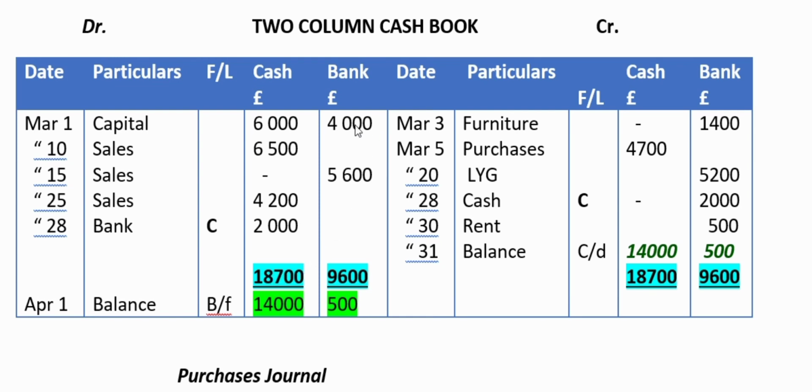Then we go to the bank: capital 4,000, and we have 5,600, giving us a total of 9,600. So what we do is that we also compare the totals with the credit side. Let's look at the credit side now.